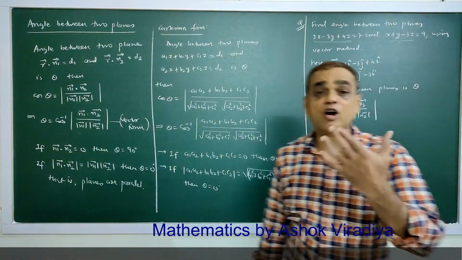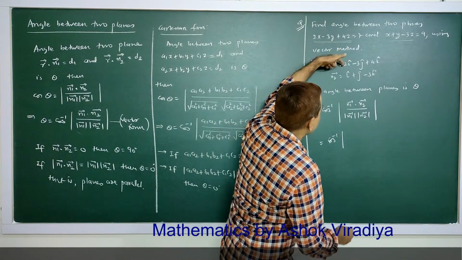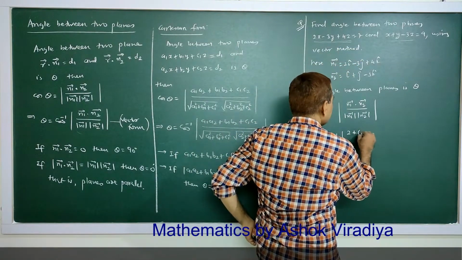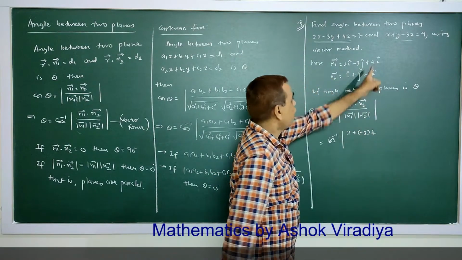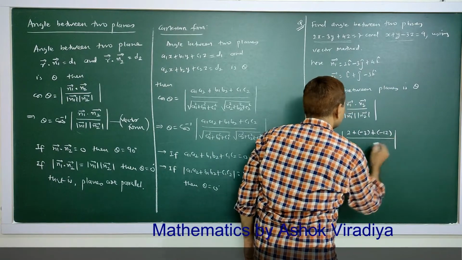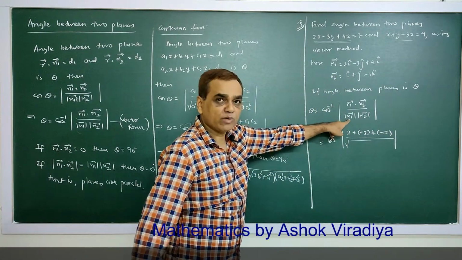Now we calculate the dot product in the numerator, the dot product of these two vectors. So 2 into 1 is 2, plus minus 3 into 1 is minus 3, plus 4 into minus 3 is minus 12, upon square root of, now the magnitude of n1.